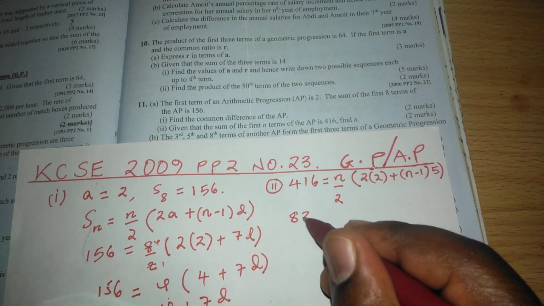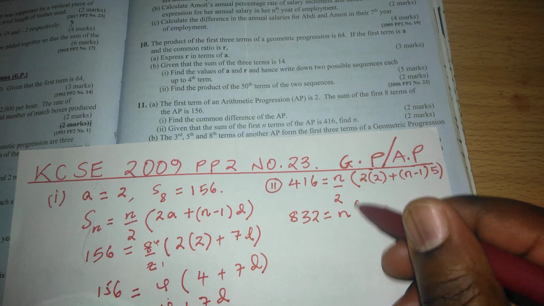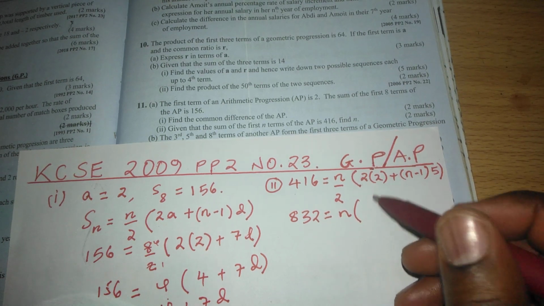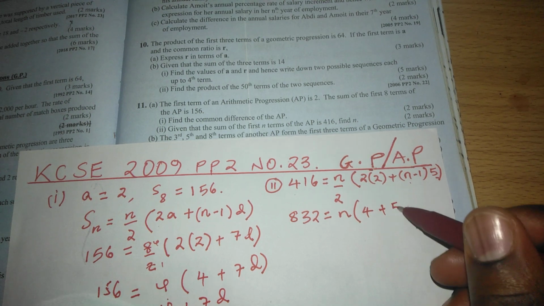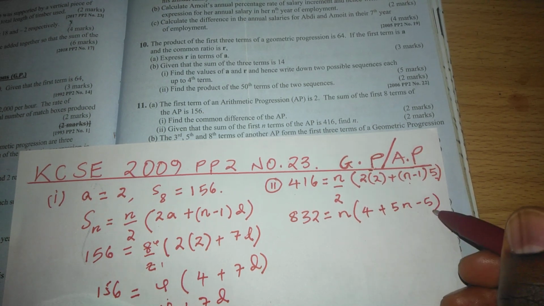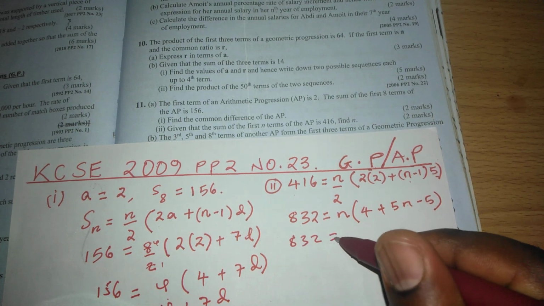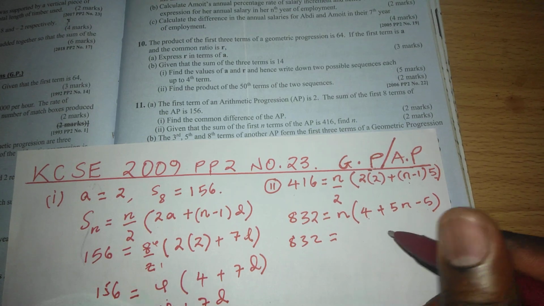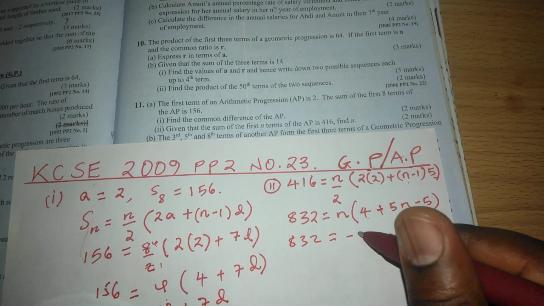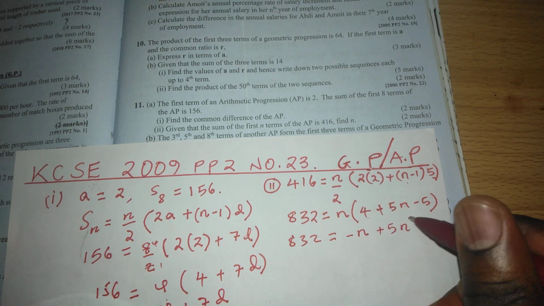This gives us 832 equals n into, this is a 4, plus 5n minus 5, such that we can say 832 equals, this is negative 1, so we can say negative n plus 5n squared.